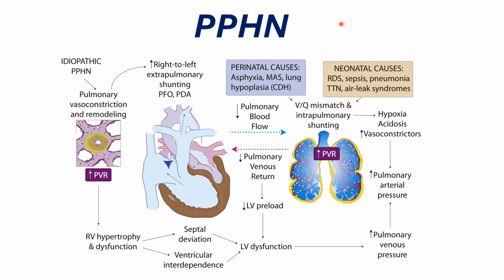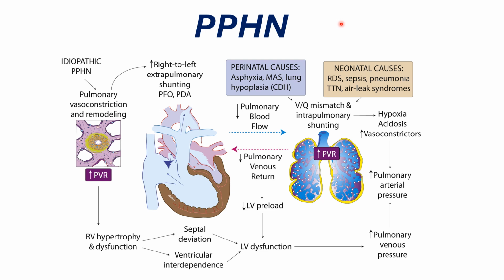Now, whenever there is a clinical suspicion, we have to investigate. This investigation basically consists of the preductal versus postductal saturation gradient and the hyperoxia test, in which by giving 100% FiO2 for 10 minutes, the PaO2 remains less than 100 millimeters of mercury, and this suggests PPHN.